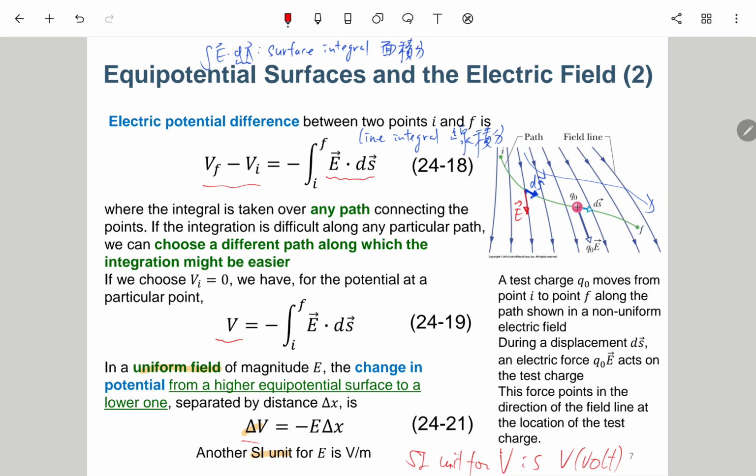And even for ECE students, I saw many students can't distinguish what is volt, what is voltage. Volt is the SI unit. Volt is the SI unit. Of course it is named after a physicist. Okay, 伏特嘛. And actually voltage is something short like the potential.